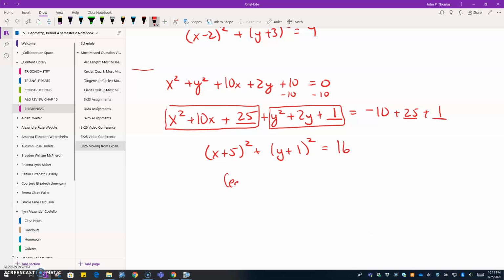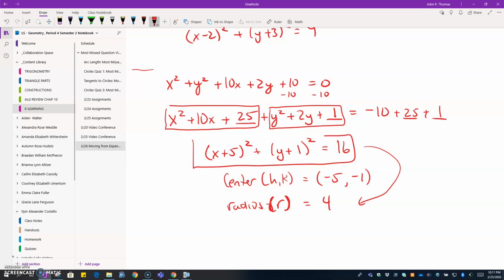So my center, which is h comma k, is going to equal negative 5 comma negative 1. My radius, which is r, that's going to equal 4 because it's the square root of 16. Alright, and this would be our standard form. These would be the features.